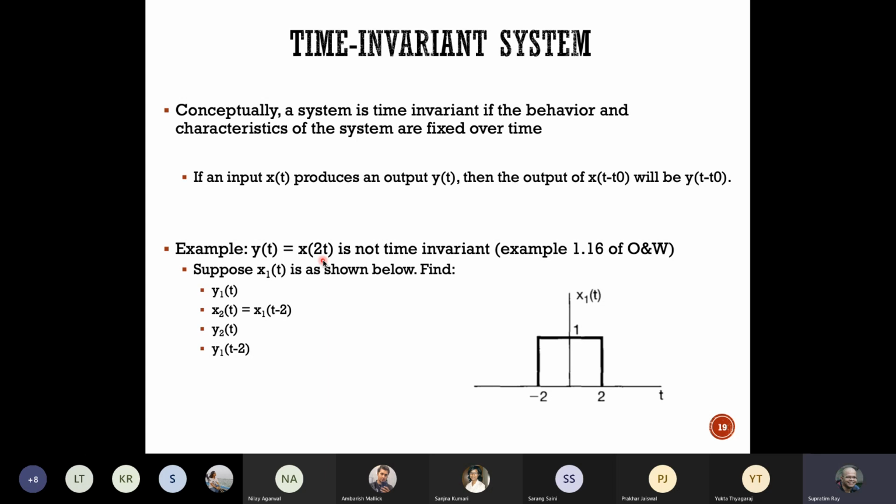So here I am showing you x of t. Let's think about this. Suppose x of t is a rectangular pulse like this. So it's 0 everywhere, but between -2 and 2 it takes a value 1 and becomes 0 again. If I want to plot y of t, can anyone tell me what y of t will look like?